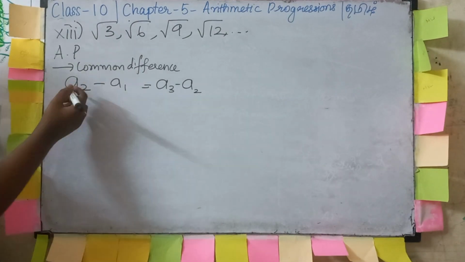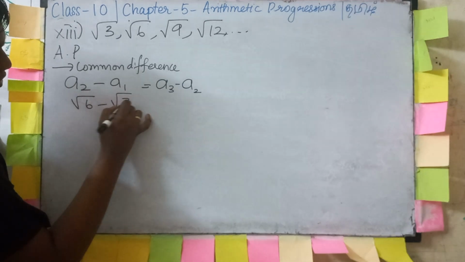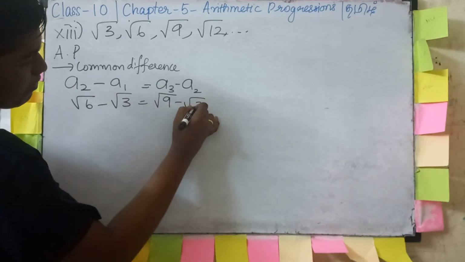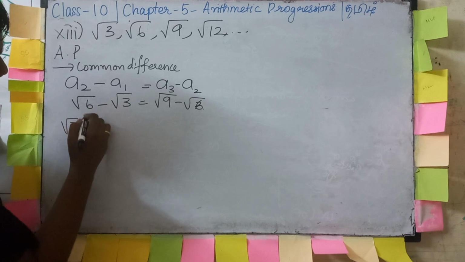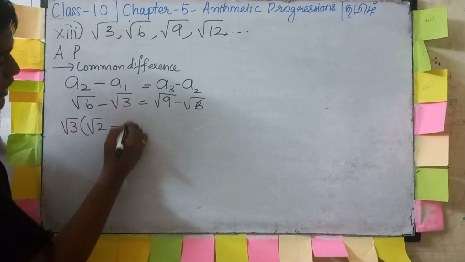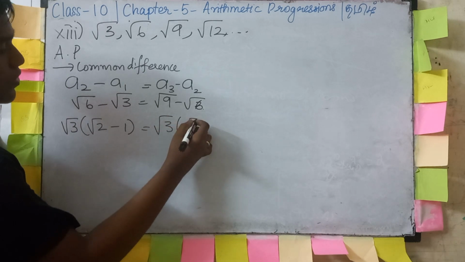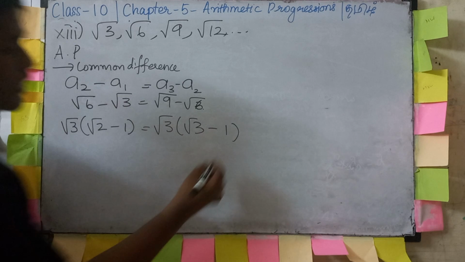A2 is root 6, A1 is root 3, A3 is root 9. Root 6 minus root 3: taking root 3 common, we get root 3 times (root 2 minus 1). Root 9 minus root 6: taking root 3 common, we get root 3 times (root 3 minus root 2).